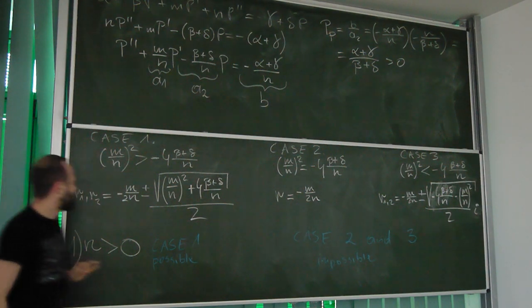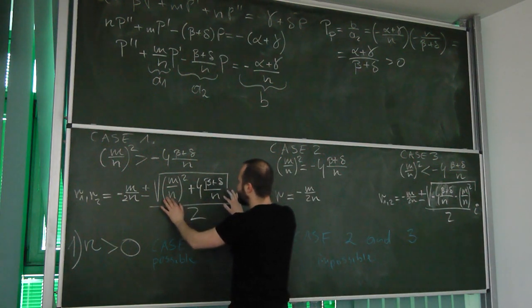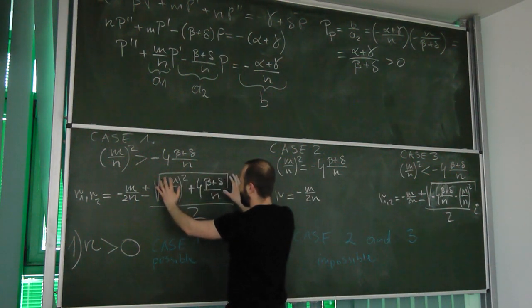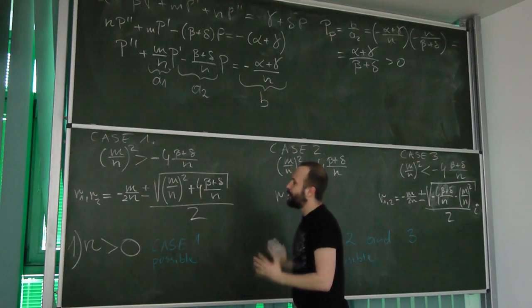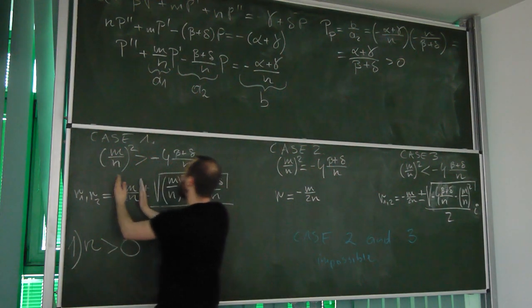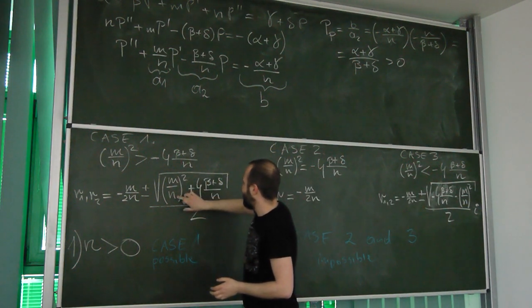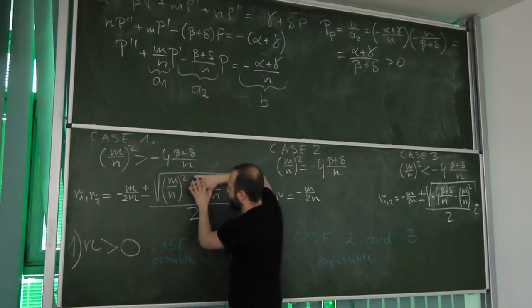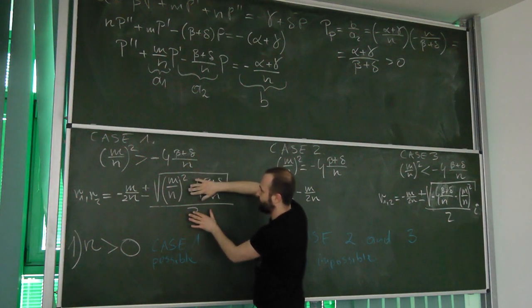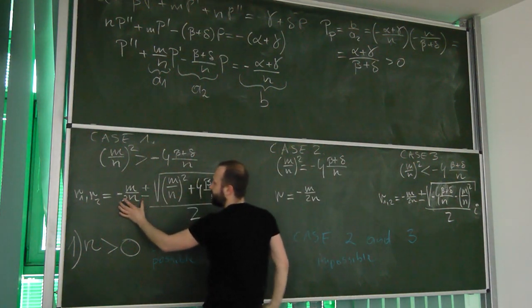Why? Because look, with positive n, both of these two expressions are positive. So this implies that the expression that we see over here is clearly bigger than the expression that we've got over here, right? Because this is like m over n to the power of 2 plus something. So this expression is clearly bigger than this one.